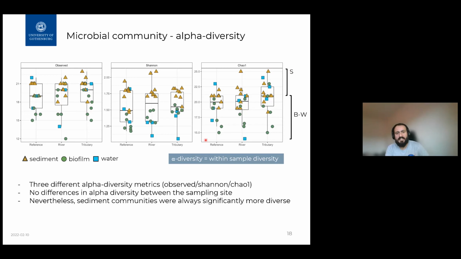That suggests, if we go one page back, so for instance, tributaries were having a really high number of chemicals, pesticide related. So our results suggest that overall organic chemicals did not affect or alter the species diversity of this bacteria community in the River Aconcagua.